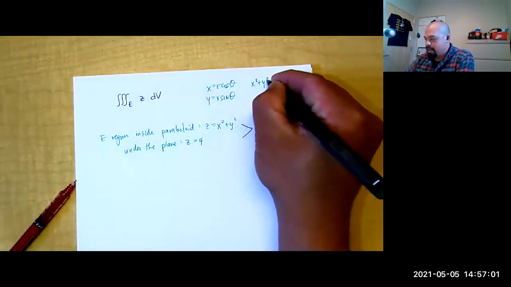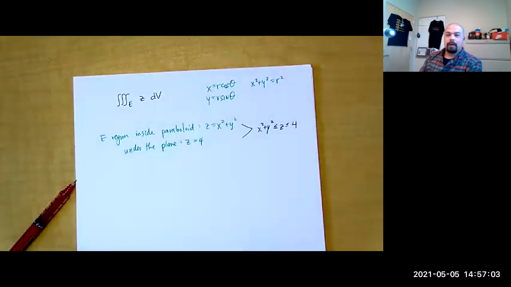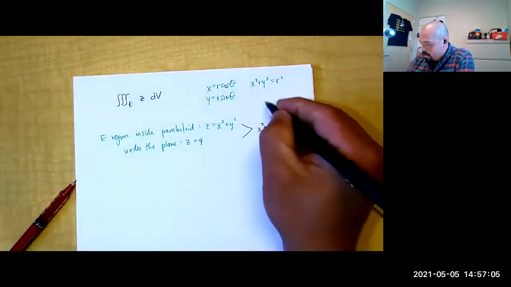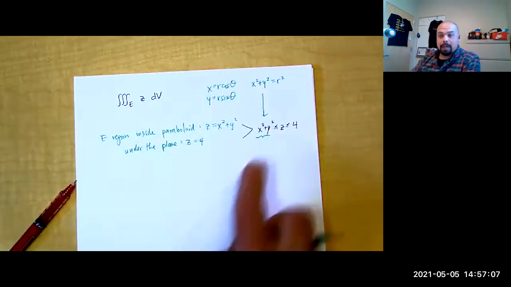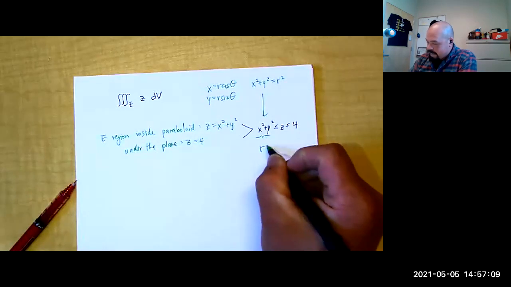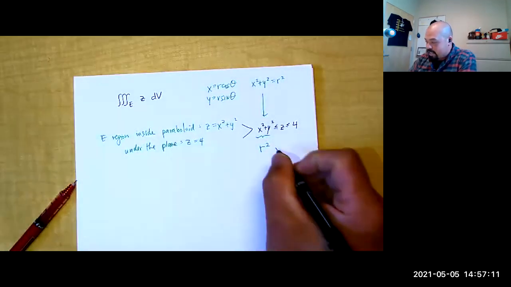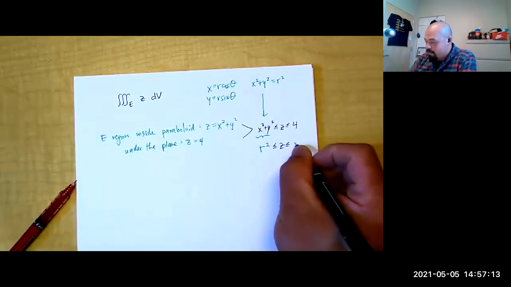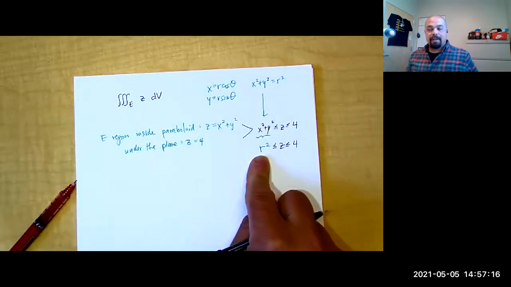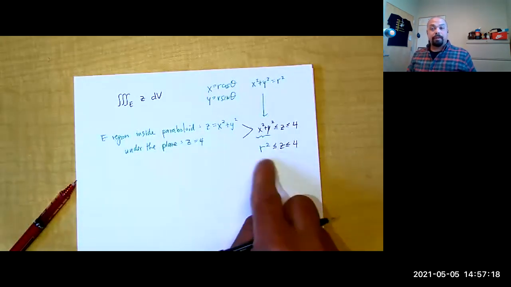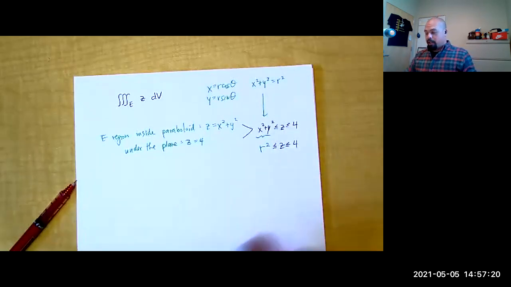Let me remember this other conversion, x squared plus y squared equals r squared, because now notice here, x squared plus y squared, that's r squared. So in this case, we actually see that z depends on our radius squared for that lower limit. We want to make that conversion.